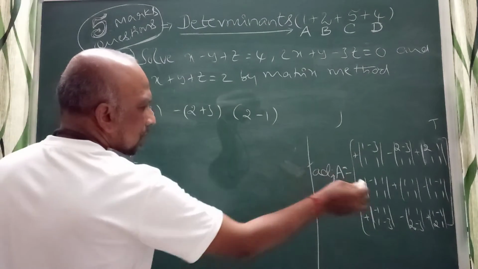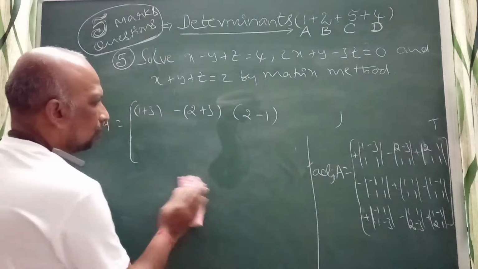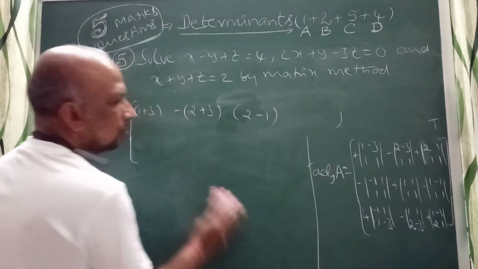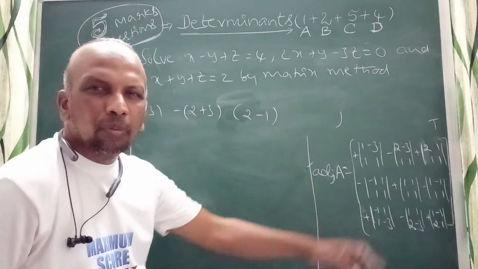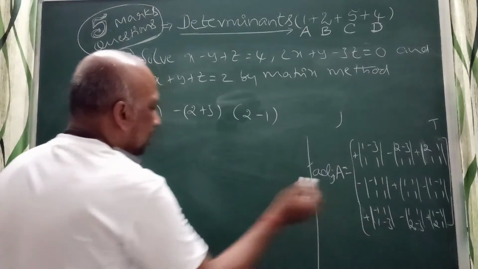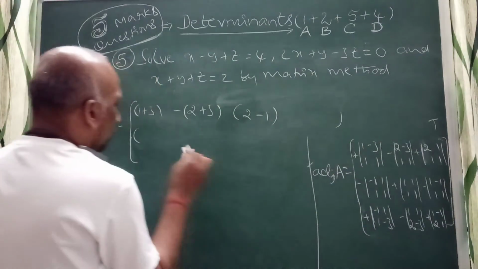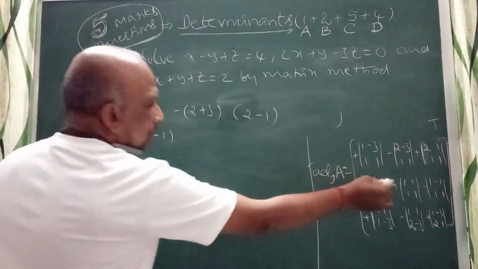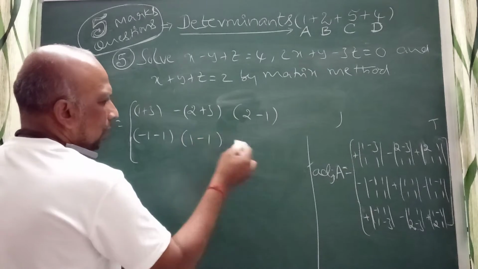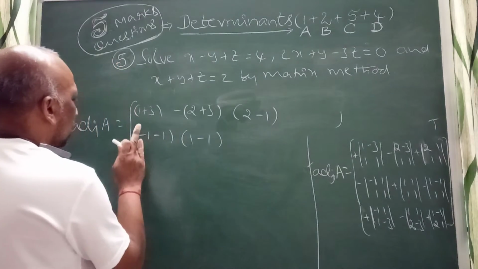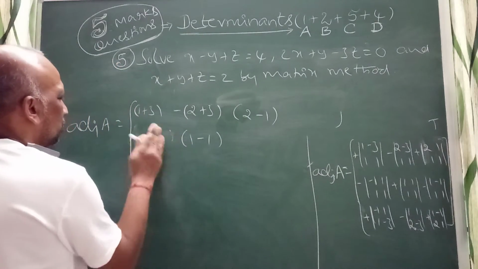Now this one, you can see the second row. In the second row I can write this one minus 1 and plus 1 minus 1. This is minus of, outside with minus of, right.